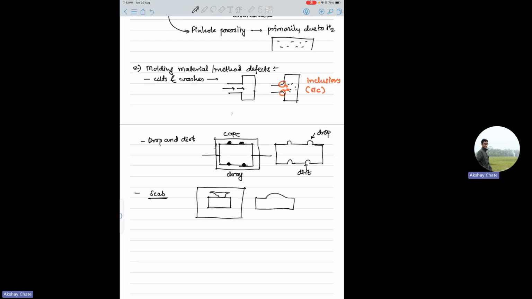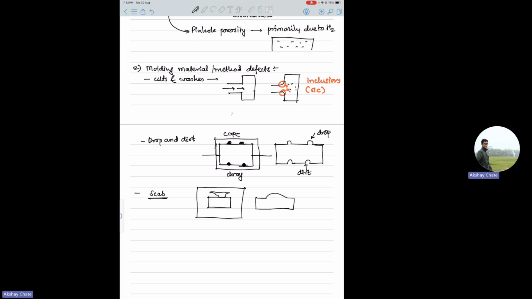It usually happens in the cope, the top part, because the bottom, due to gravity etc., is usually properly rammed. But if the top part is not properly rammed, these scab events happen.